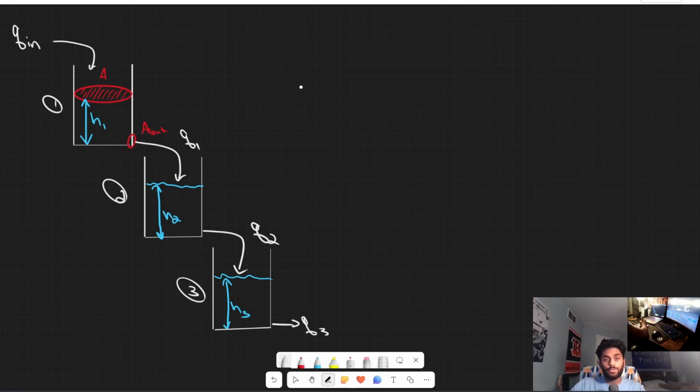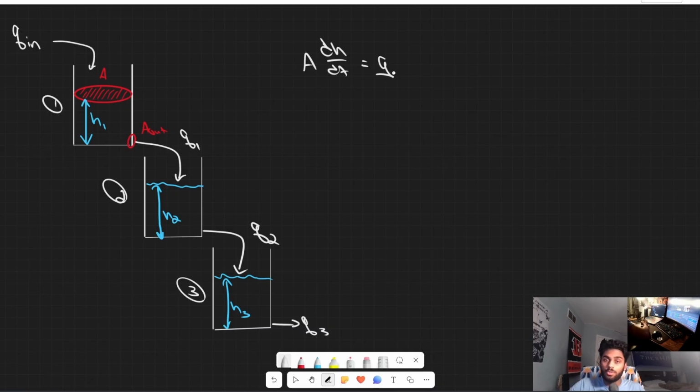So what we aim to do here is take our initial differential equation, something that looks like this. We have some area times our dH/dt, which gives us our differential volume with respect to time.